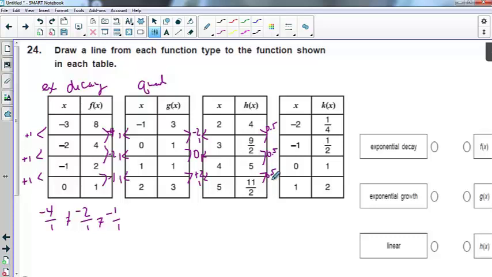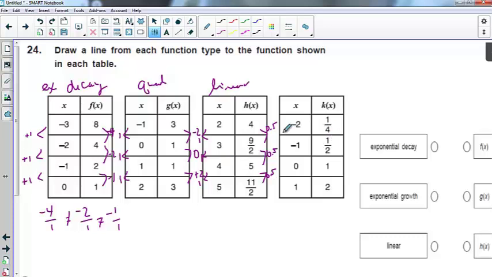You see that? Now, it doesn't mean that it has to be the same all the way through from the get-go. You might have to reduce, because if it's not by 1, 1, 1 on this side, you might have to reduce it. But since it is, and it's the same, this is the one that's linear. And they give you those fractions in there to scare you and make you think that it's not linear.